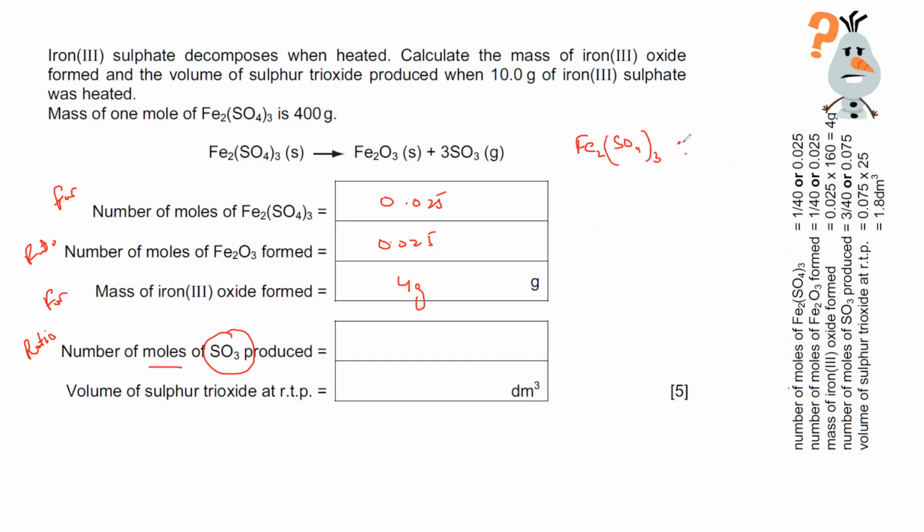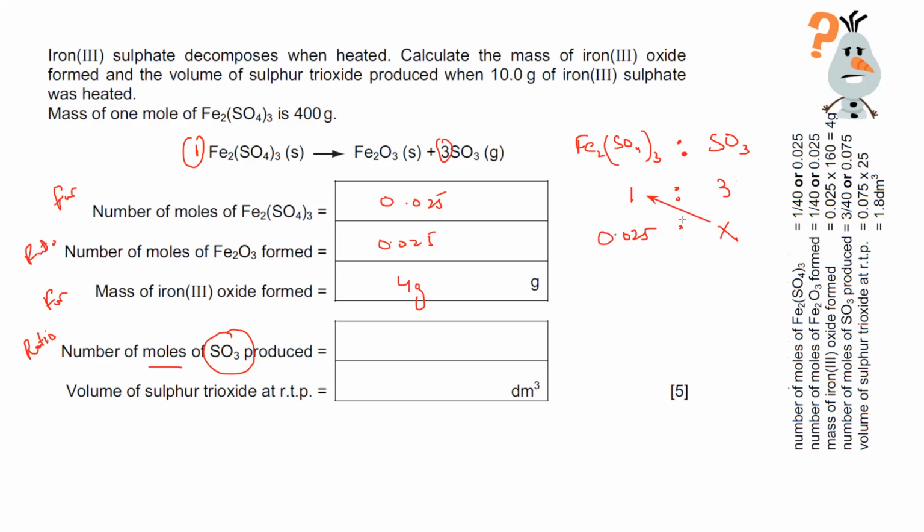So I'm taking a ratio of iron 3 sulfate and sulfur trioxide. When I check the equation, if I have 1 mole of iron 3 sulfate, I will get 3 moles of sulfur trioxide. But if I have 0.025 moles of iron 3 sulfate, I will get X moles of sulfur trioxide. So how to solve this ratio?